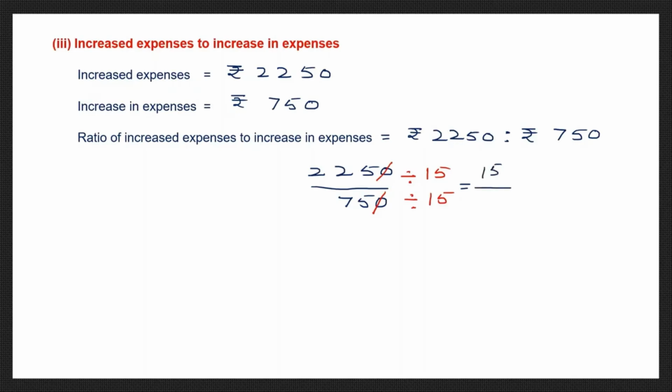Then 15 fives are 75. Now we can reduce this further by dividing both again by 5. Now 5 threes are 15 and 5 ones are 5. So here I have the fraction as 3 by 1 and my ratio will be 3 is to 1. Final answer is 3 is to 1.